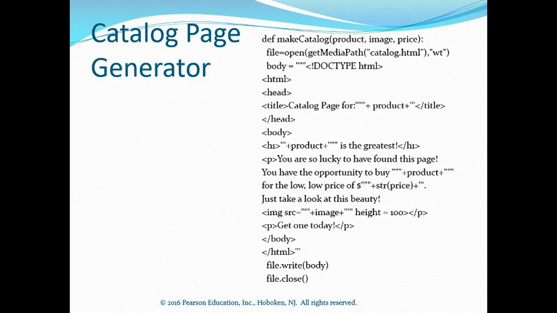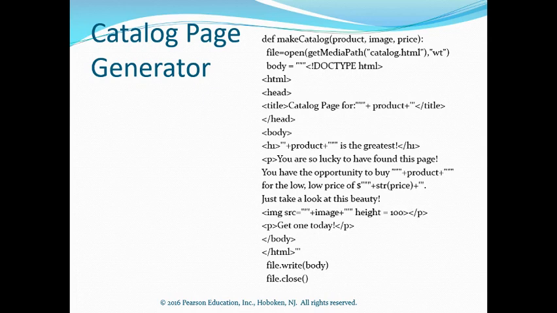So say I say catalog product. So I say I want to enter water, a string with the word water in it, as my product parameter. So then when I say catalog page for, it's actually going to print the word water there. So we would say catalog page for water.